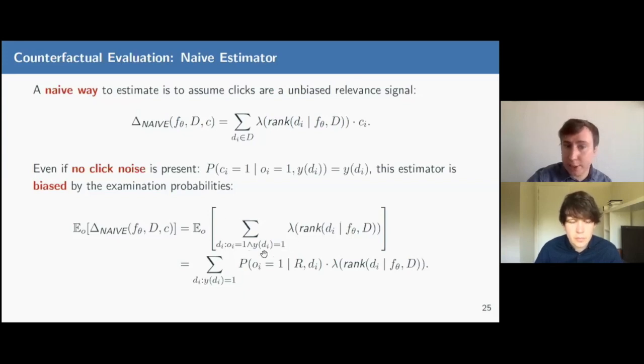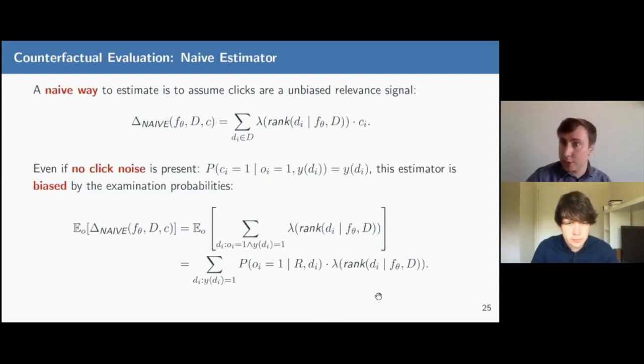Then we can rewrite the sum in this form, and then we can work out this expectation over the observation probabilities. If we do that, then what we get back is a sum of the following form, where we have a sum over documents where these documents are relevant, times, for each document, the weighted rank of that document.